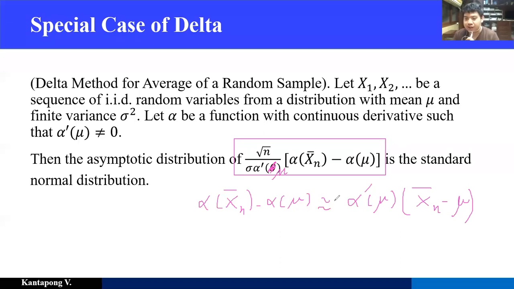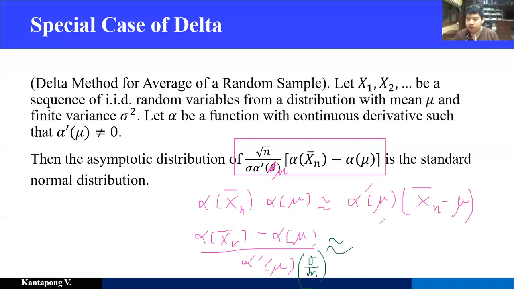Okay, so it's something like this, and then we divide the g prime of mu to both sides, and not only that, we are going to divide by another term, sigma over square root n.